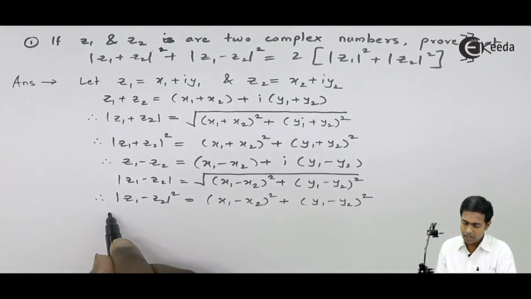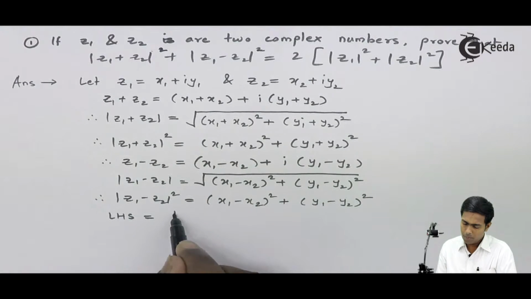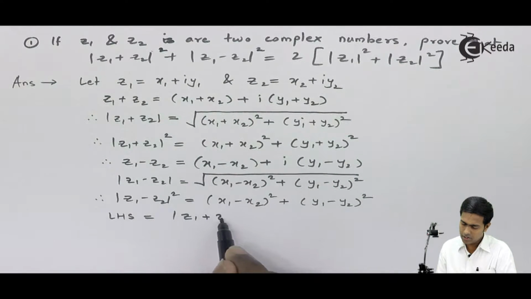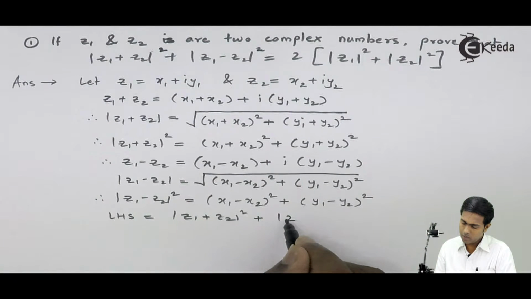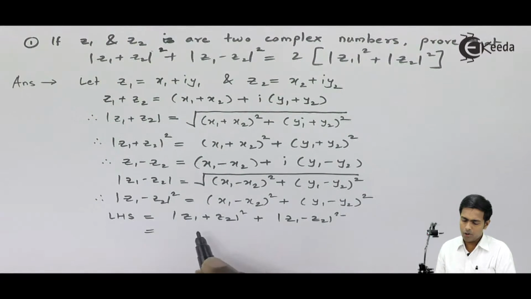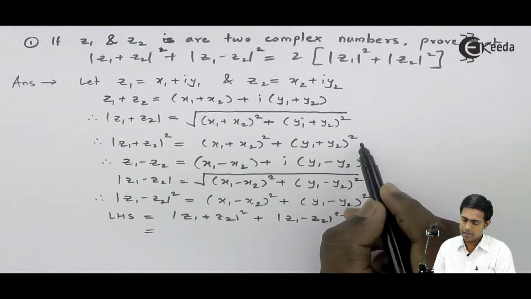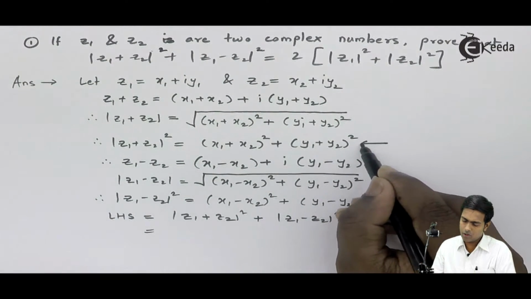So I will say LHS is equal to mod of Z1 plus Z2 the whole square plus mod of Z1 minus Z2 the whole square. So the value of mod of Z1 plus Z2 the whole square is this. I will use this value.